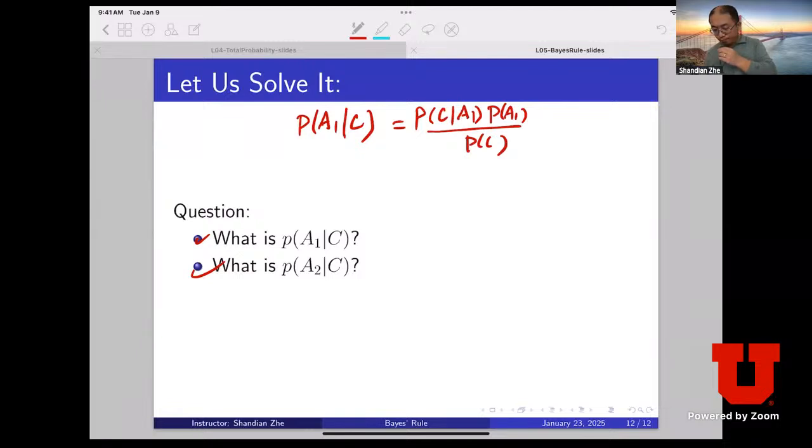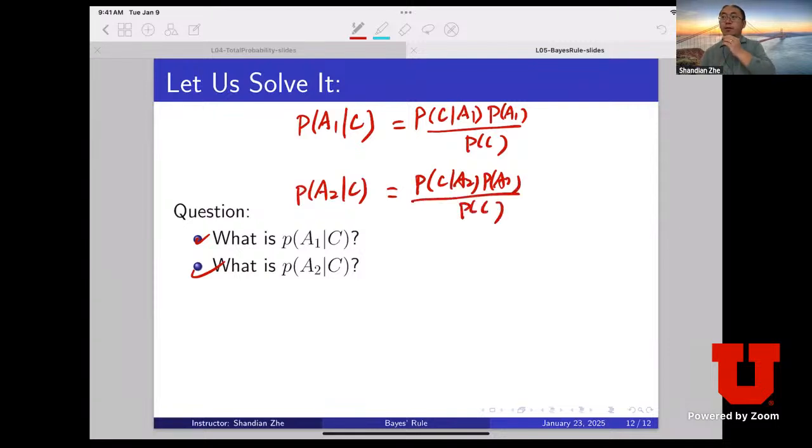And the conditional probability of A2 given C is the conditional probability of C given A2 times P of A2, divided by P of C. We notice that the denominator is the same, so to compare these two probabilities we just need to look at the numerator.